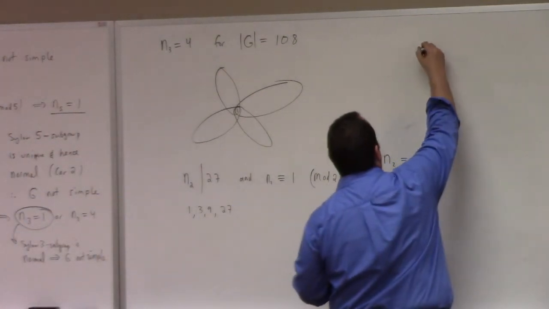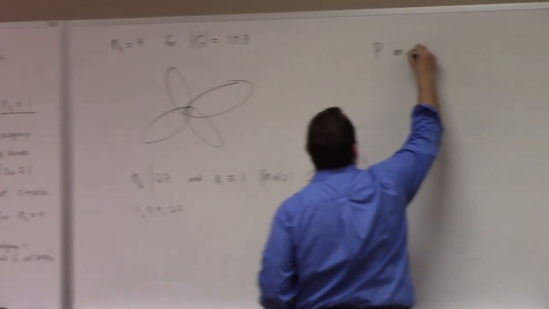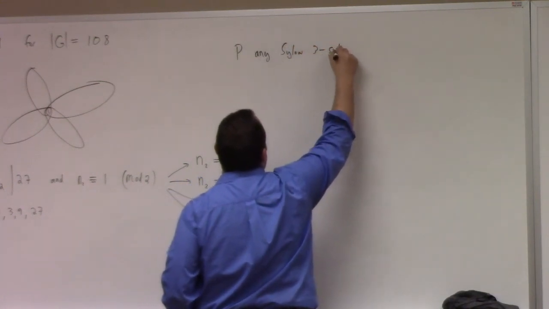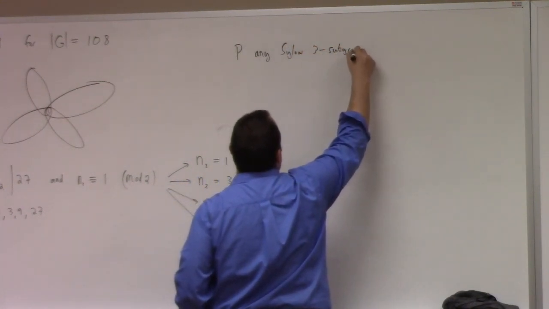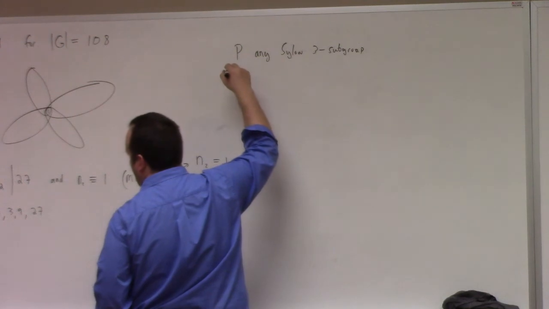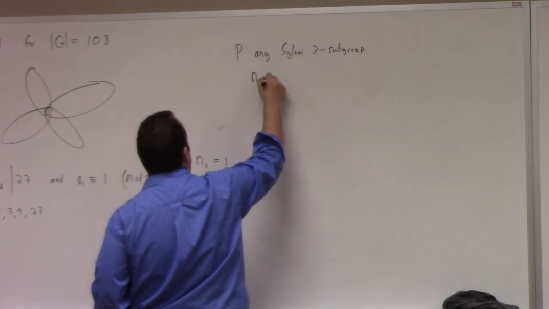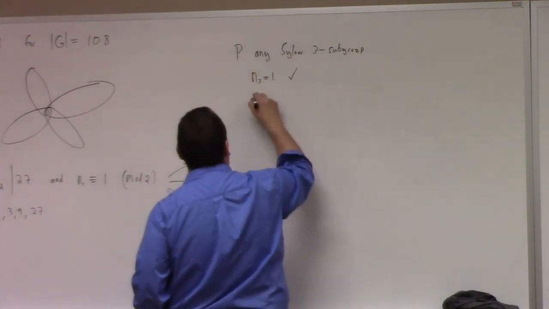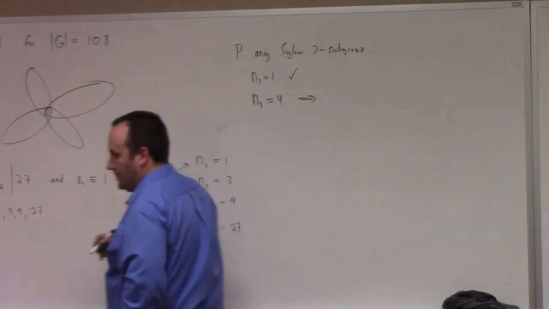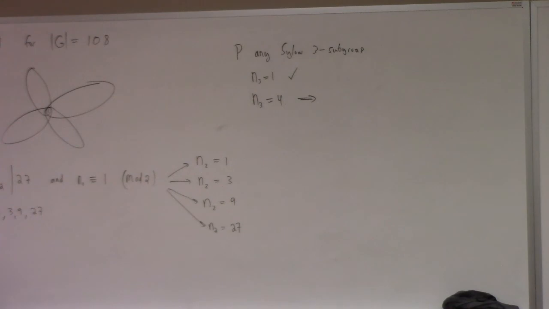Try to follow this here. P, any Sylow 3 subgroup, right? That's what he says. So if N3 equals 1, we're good. So N3 equals 4. Then what's that say?